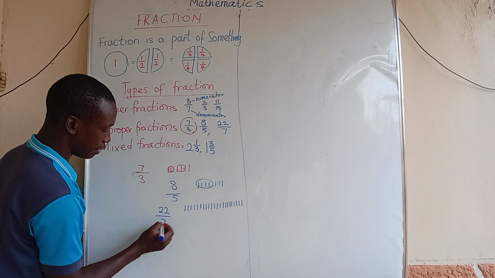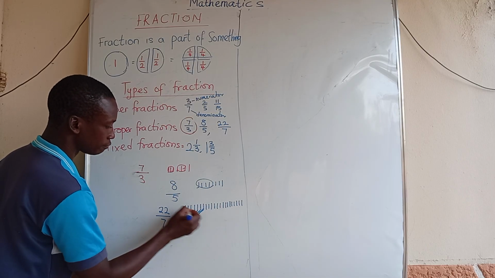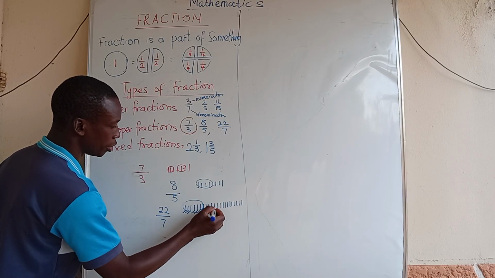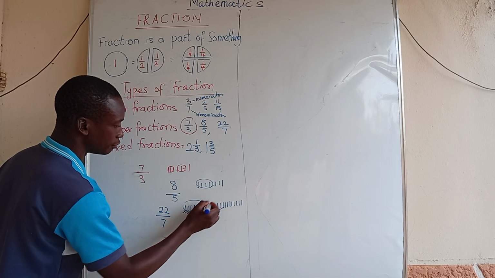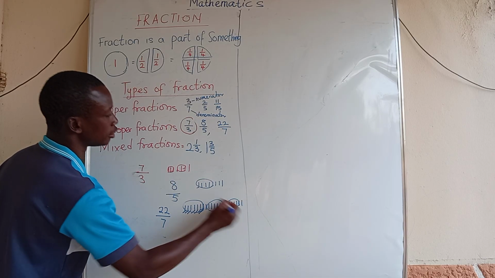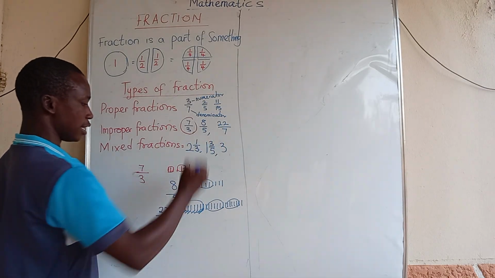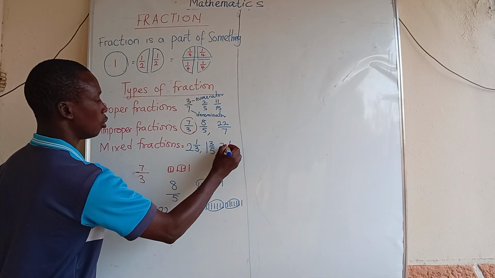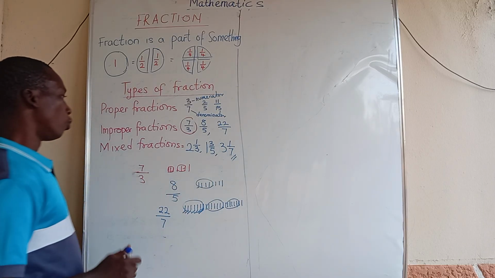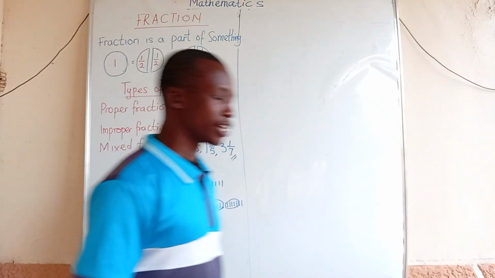Then we divide it by 7. 1, 2, 3, 4, 5, 6, 7, three times. So how many 7 do we add there? We have 3, remainder 1 over 7. So this is another example of a mixed fraction.